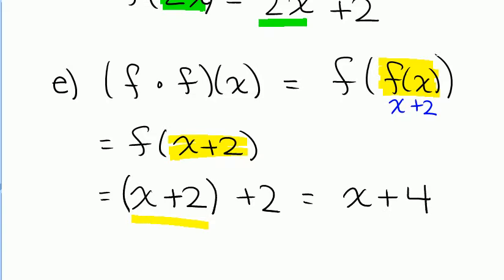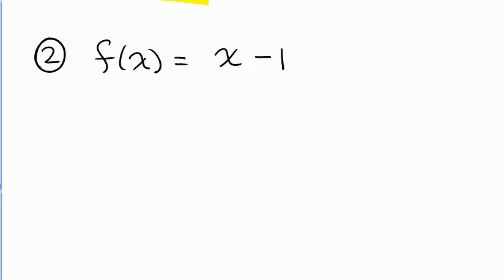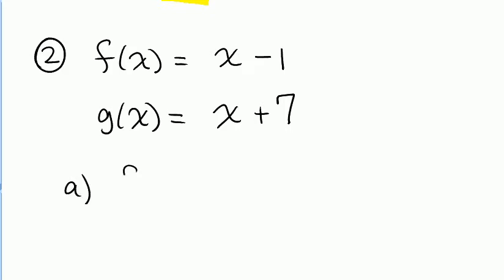Let's try again with some new equations. This time, f of x is going to equal x minus 1, and g of x is going to equal x plus 7. So, simple. F of 4 tells you take 4, plug it into x, and you get 4 minus 1, which is 3.